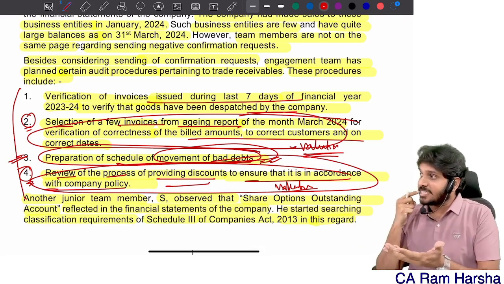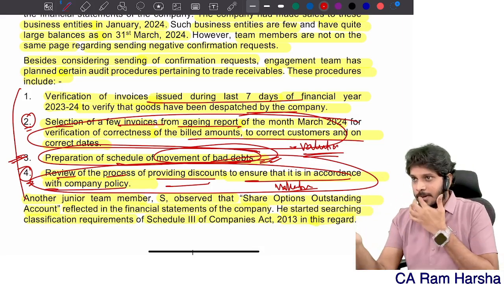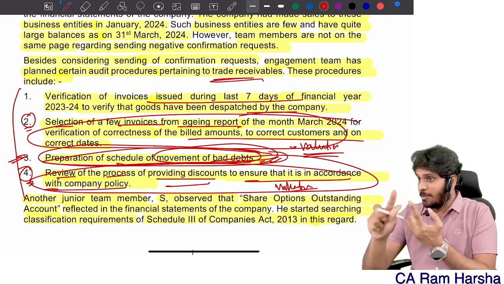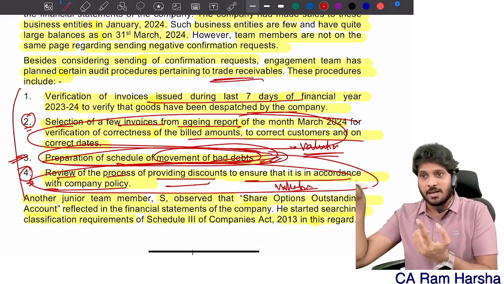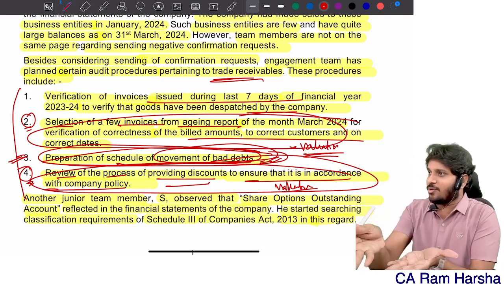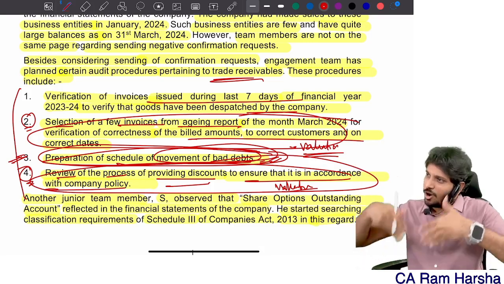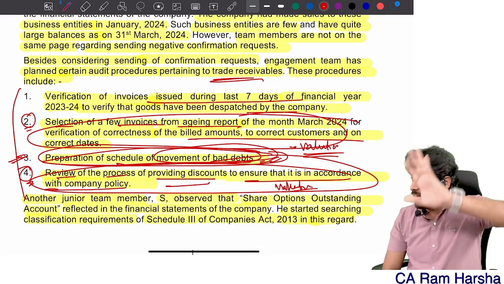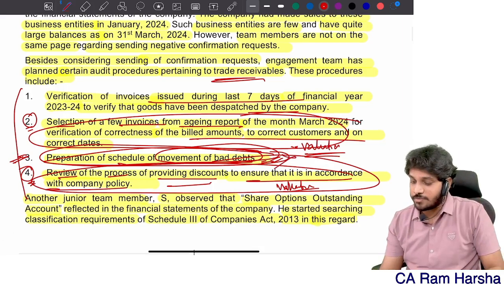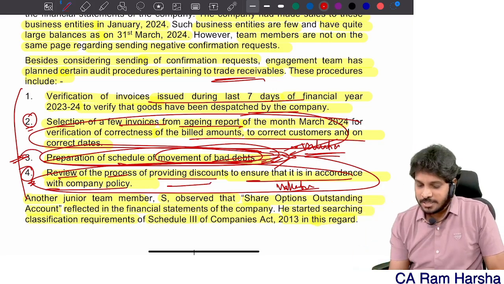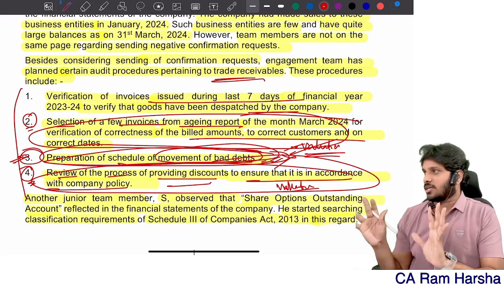So when bad debt is there, obviously sale would have been there. So for trade receivable, movement in bad debt is not a procedure to decide completeness, because the moment you are verifying bad debt it means it's already accounted. Getting it? Not related to completeness assertion means obviously this also will not come, but they gave this as the answer. Not related to completeness means they gave the third, which is actually not correct.